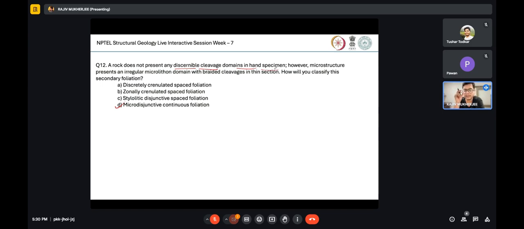That means the microlithon domain has to be in the order of millimeters to centimeters. That is how you identify whether the foliation is spaced or continuous. So no discernible foliation planes on the hand specimen scale means the foliation is not spaced. Obviously option D is correct because it is the only option for continuous foliation. So in this case, option D is the right answer.